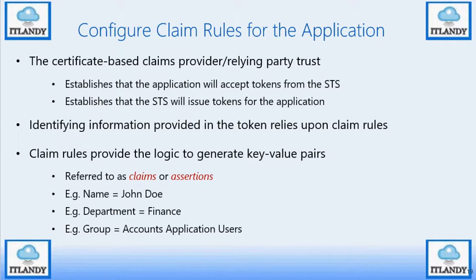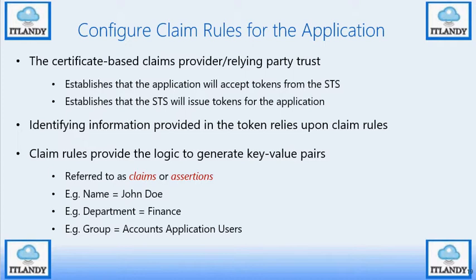To configure claim rules for an application, the relying party trust establishes that the application will accept the token from the STS. It also establishes that the STS will issue tokens for the application. Also, identifying information provided in the token relies upon claim rules.